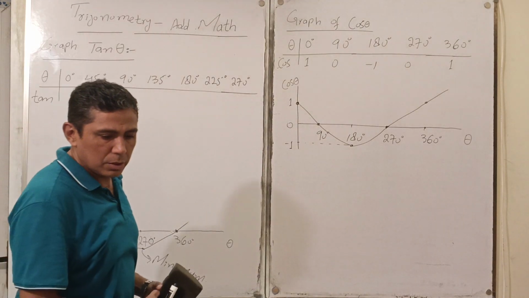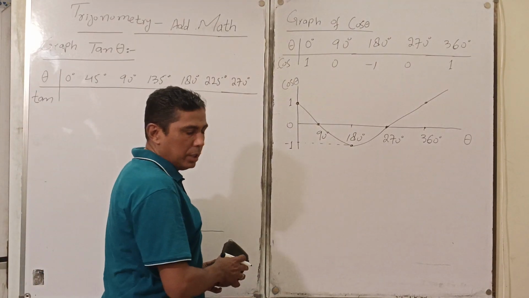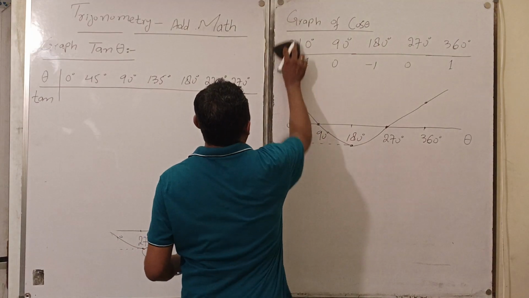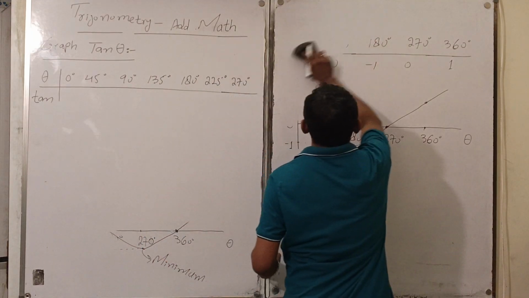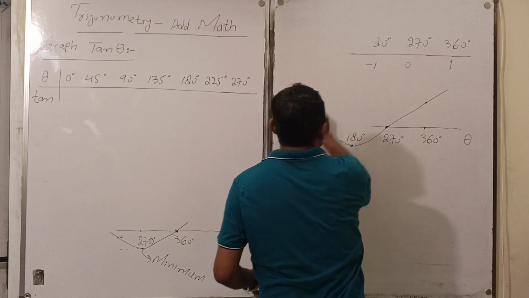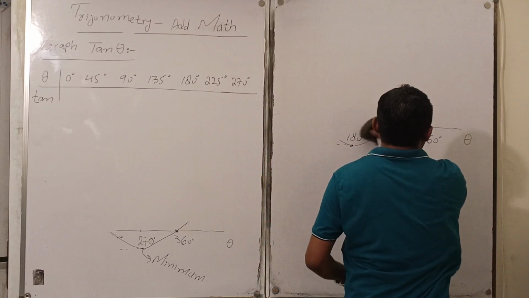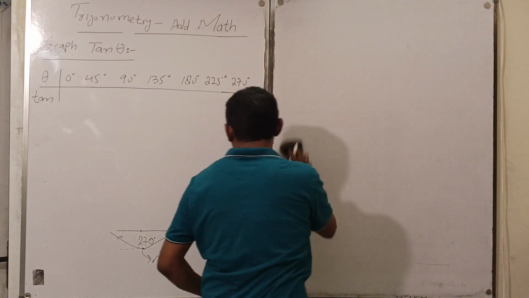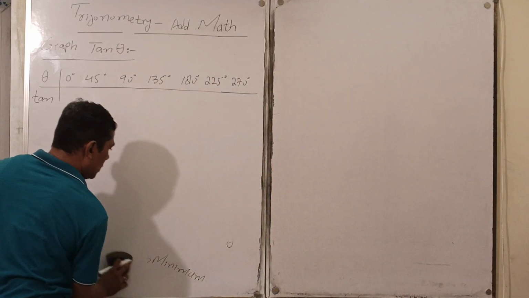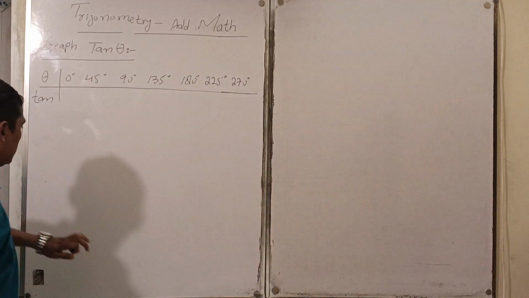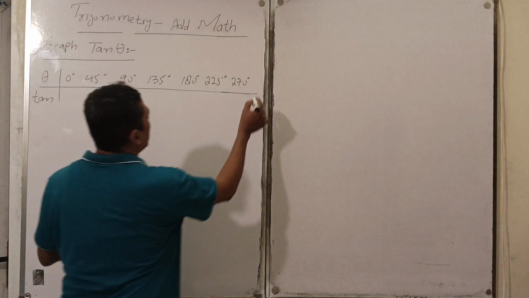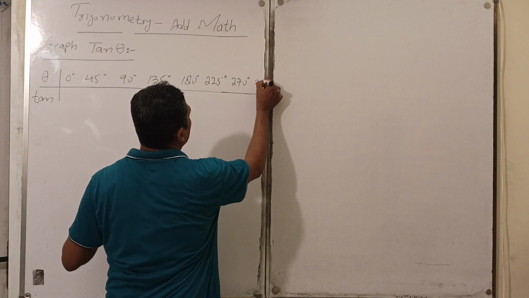What about 270 and 315? And look at this one, 315.